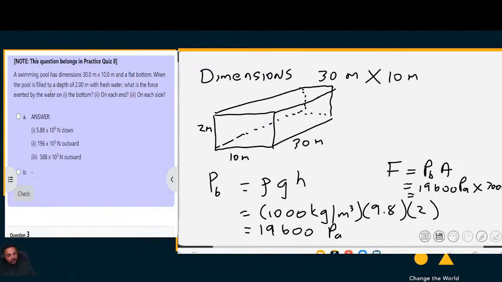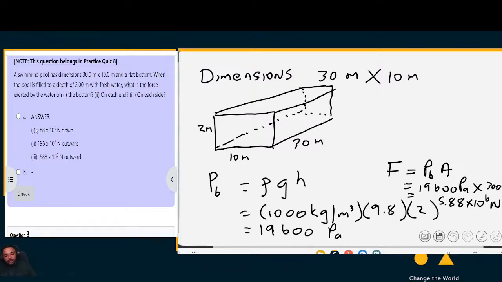If you multiply them together, you get a force of 5.88 times 10 to the 6 newtons. That's the amount of force on the bottom of the pool due to the water.